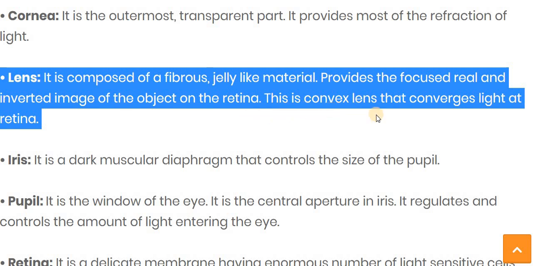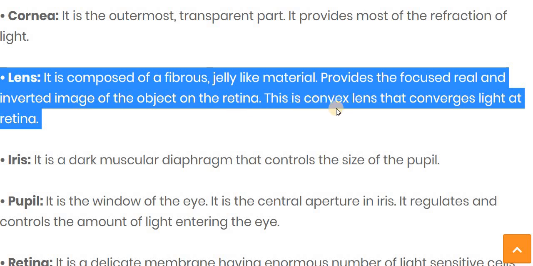So this is a convex lens that converges the light at the retina. If asked to write about the lens, you can write it is composed of fibrous jelly-like material, which provides the focused, real and inverted image of the object on the retina.